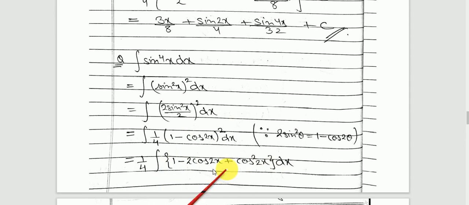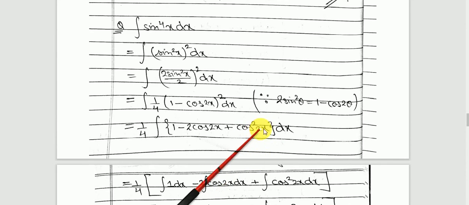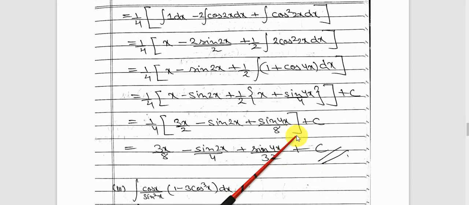Again, out of these three terms, you know the integration of two terms, and for this cos square 2x you have to do simplification. Here cos square 2x, I can multiply and divide, then I get 2 cos square 2x, and this can be written as 1 plus cos 2 into 2x. So I get two terms, you know the integration of both the terms, so simplify it.